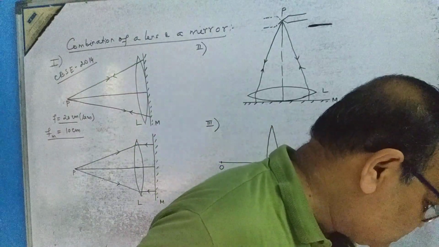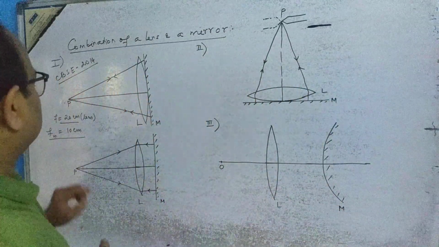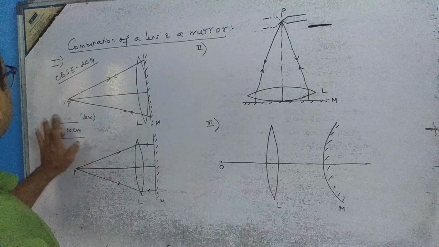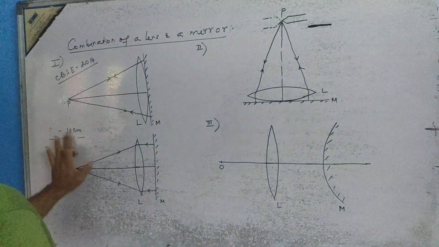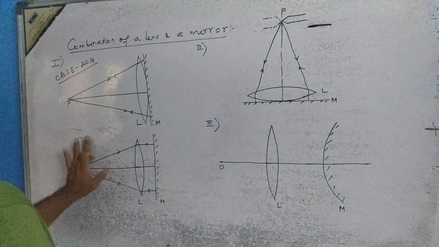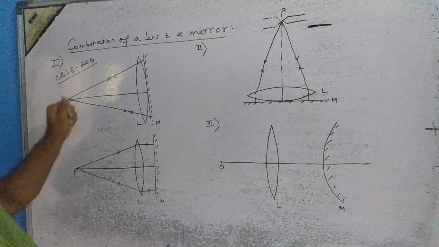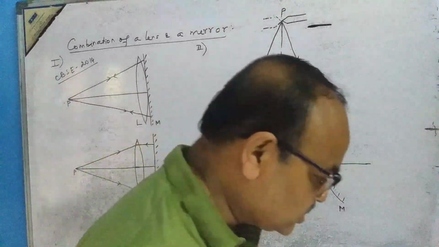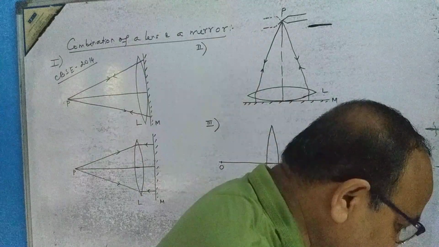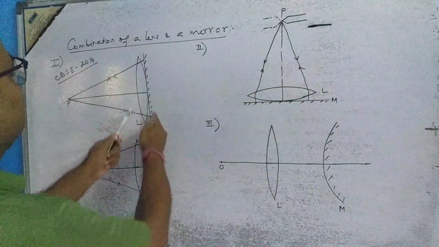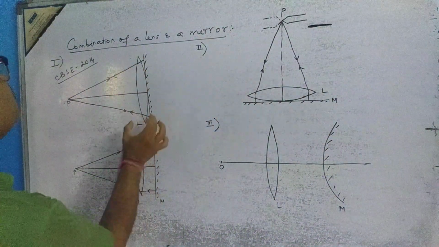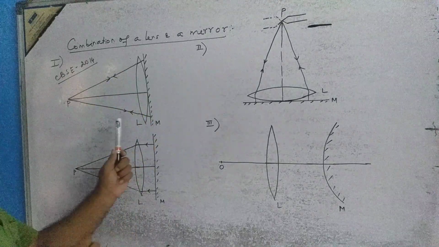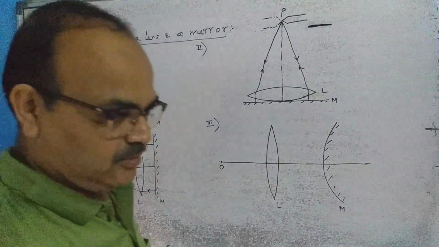Now, I am talking first about this question here. Look, in the year 2014, this is the figure, and the question is: a convex lens is placed in contact with a plane mirror. L is for lens, M is for mirror.